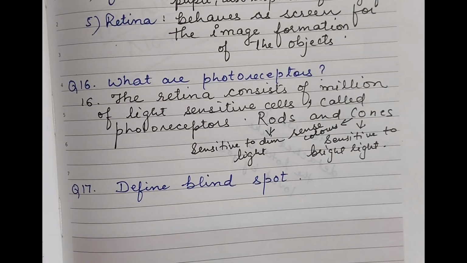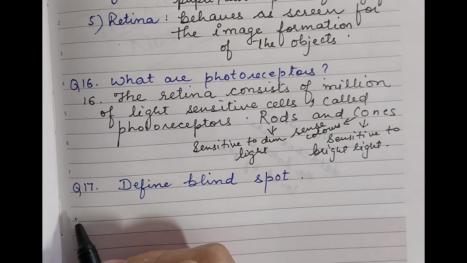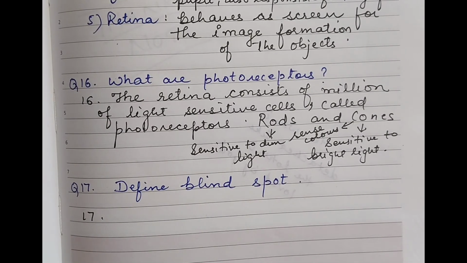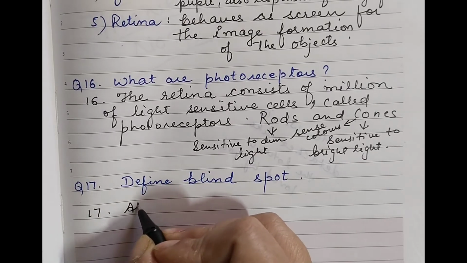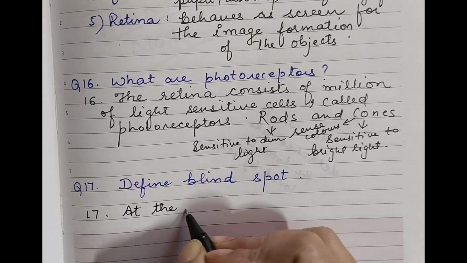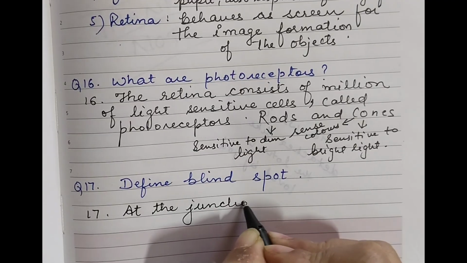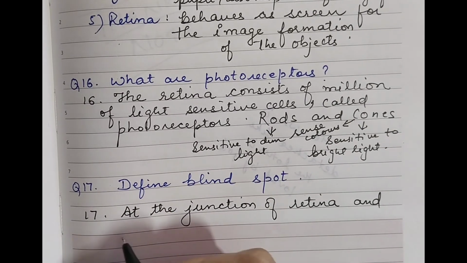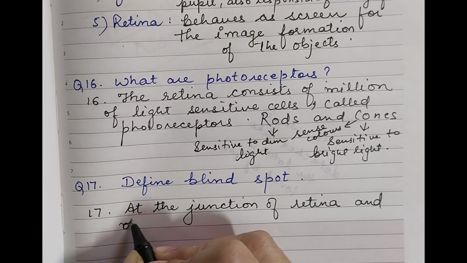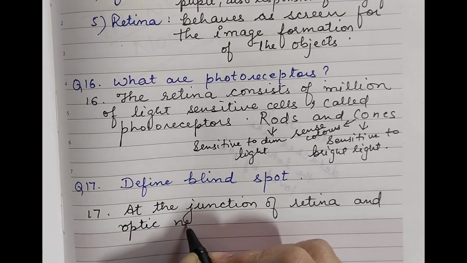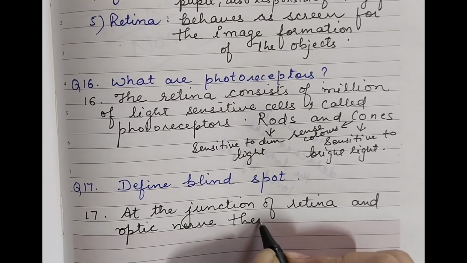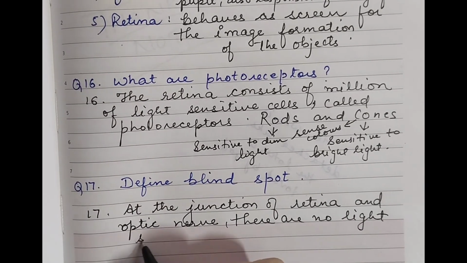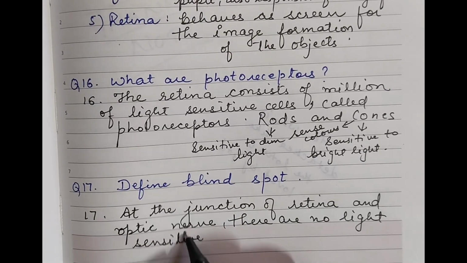Now define blind spot. What is the blind spot? At the junction of the optic nerve and retina, junction means meeting point, there are no light sensitive cells.